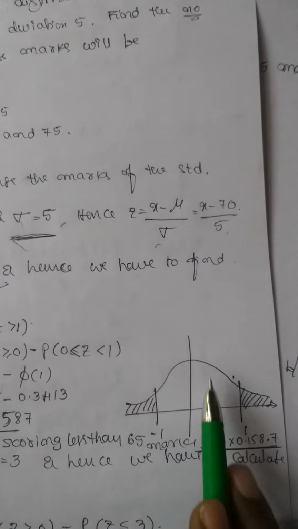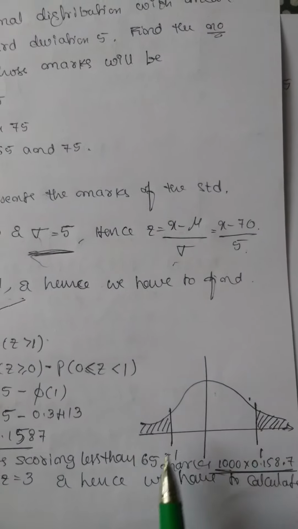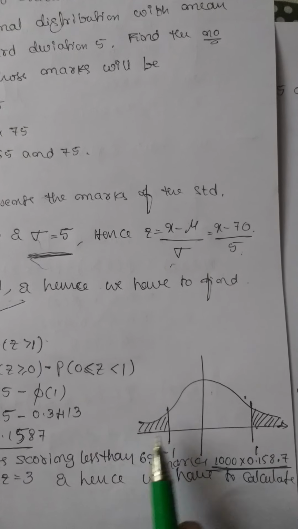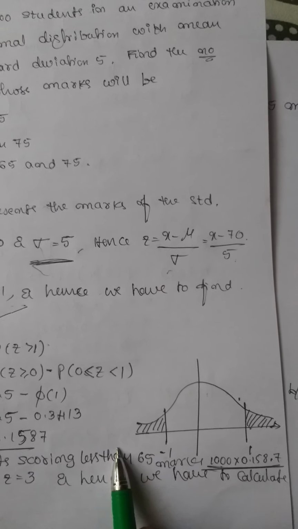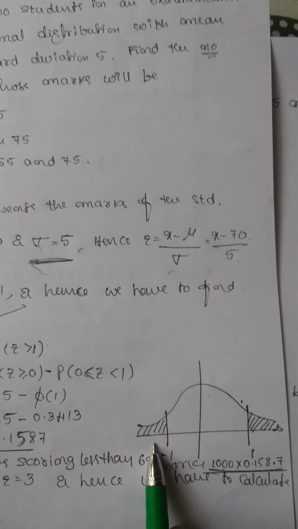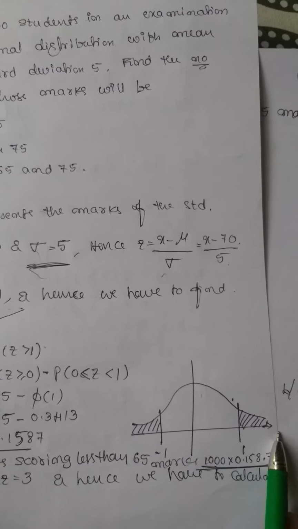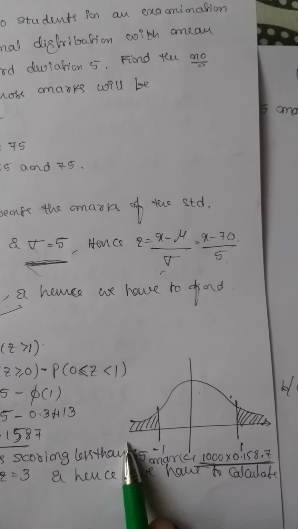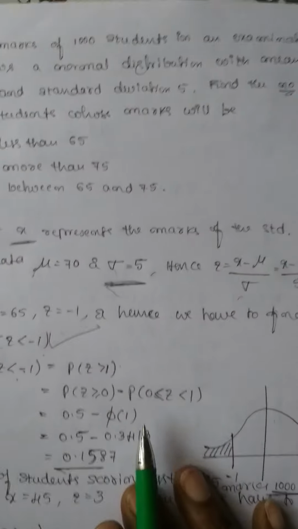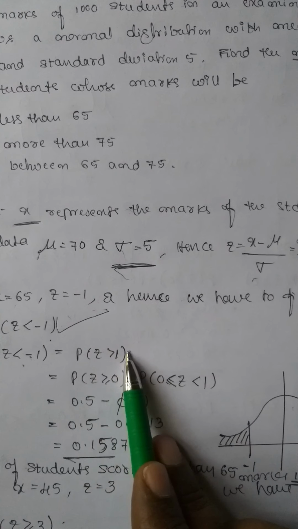As we have taken it in the figure, actually we have to calculate from minus infinity up to minus 1. Because of the symmetry, from here to here is the same as from 1 to infinity. So instead of this, better we calculate this. So that's what we have taken, P of z greater than 1.